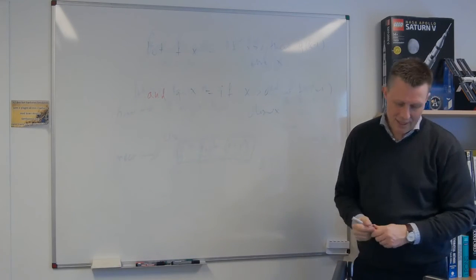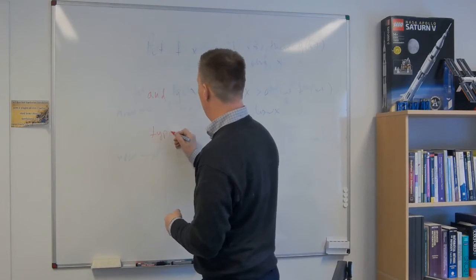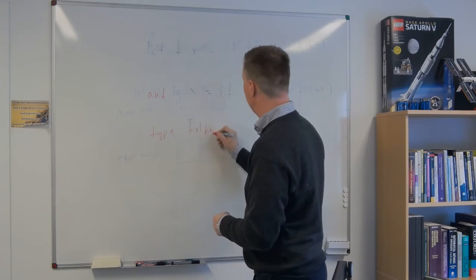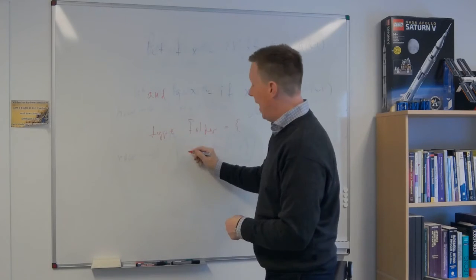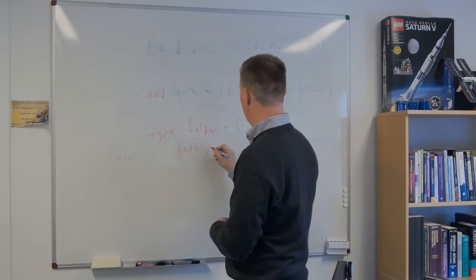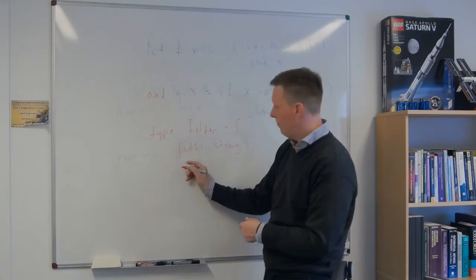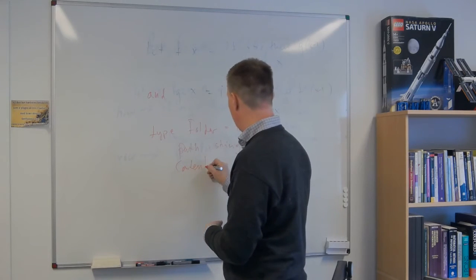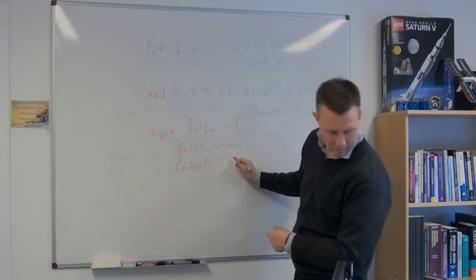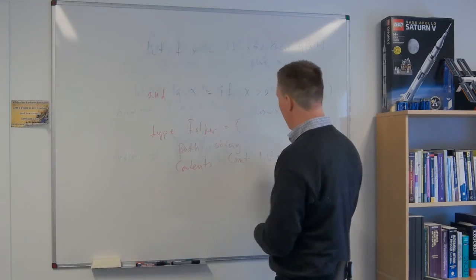Another example of this is for types. Suppose I have a type folder, and I have a path, which is a string, and I have contents, which is a list of items, right?